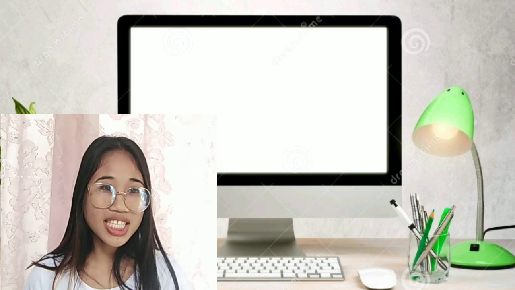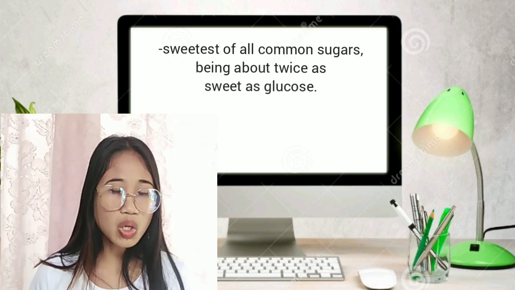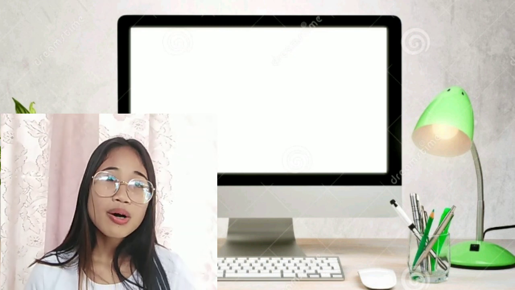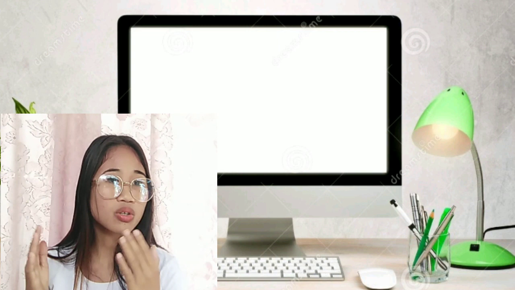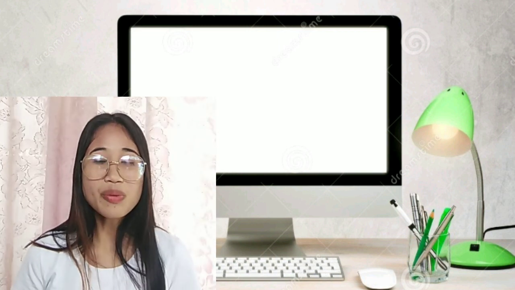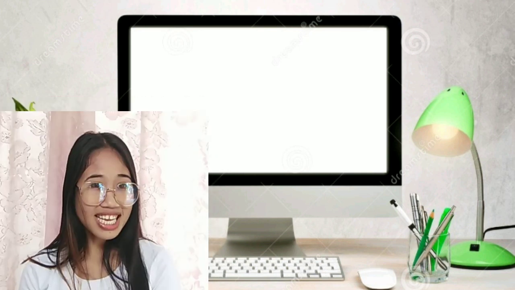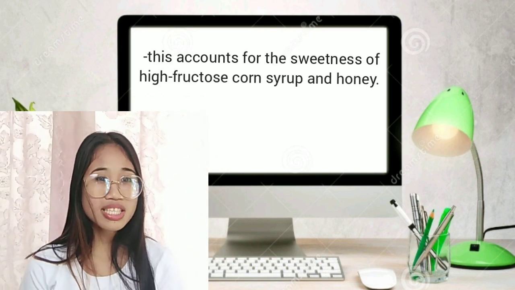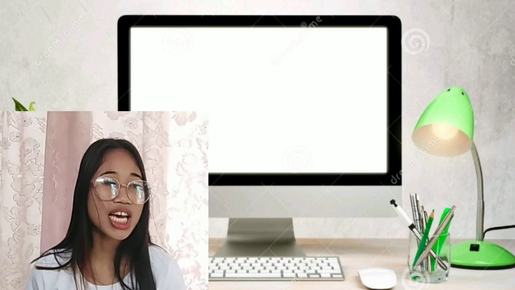Fructose is the sweetest of all the common sugars. If glucose is sweet, fructose is about twice as sweet as glucose. So imagine how sweet fructose is. This accounts for the sweetness of high fructose corn syrup and honey.